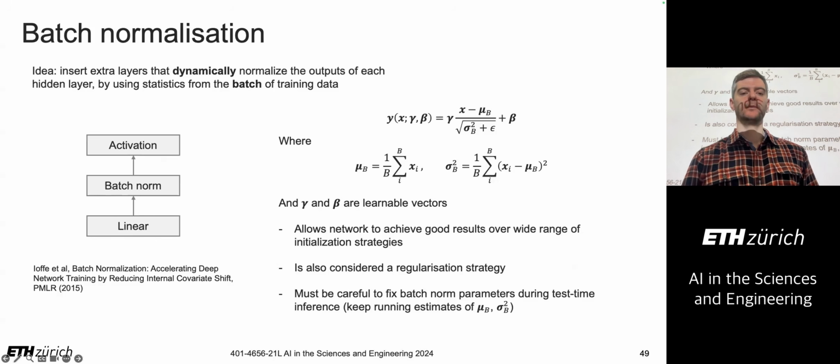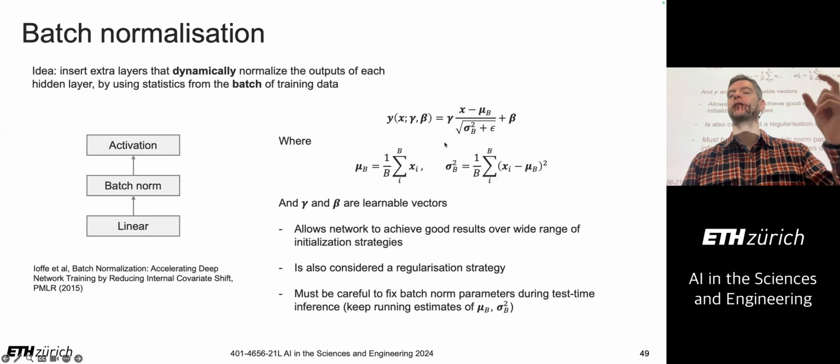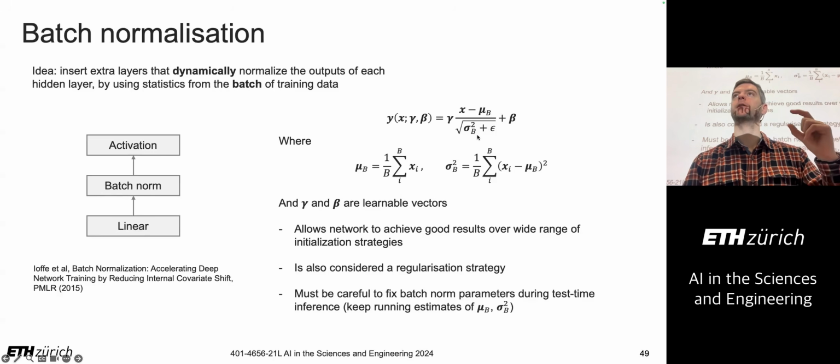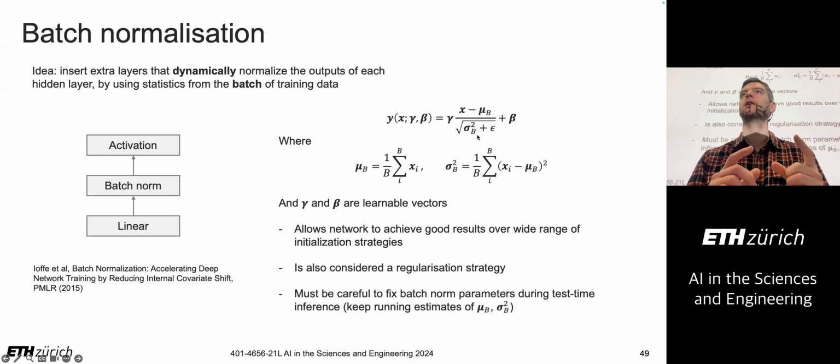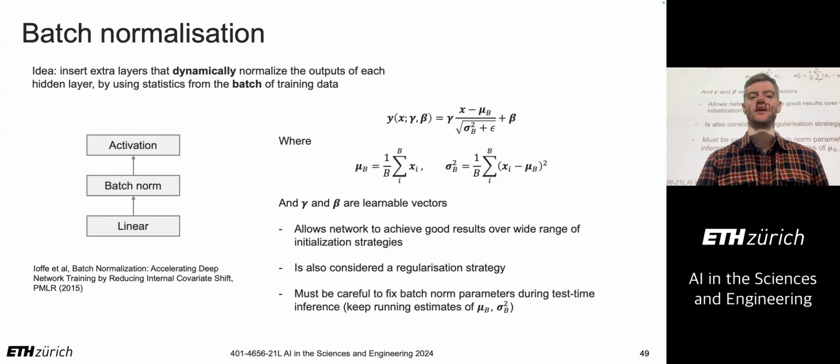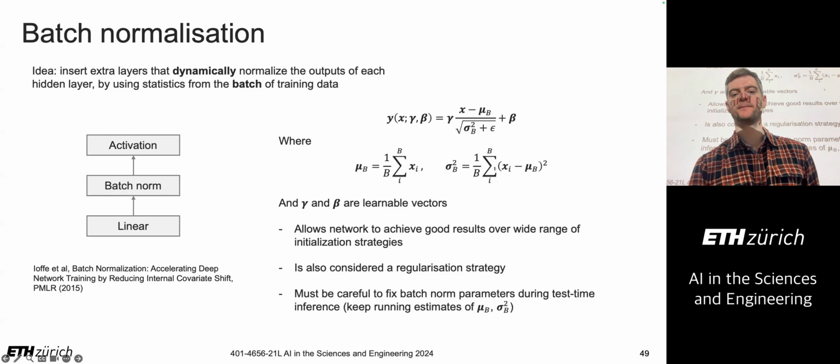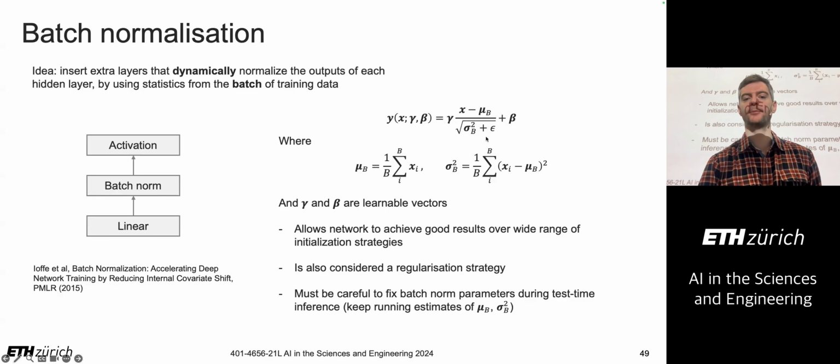So what we say is, in this batch norm layer, we just take statistics of that batch, and then we normalize the outputs of the layer based on those statistics. So we take the mean of the output value across the batch and the standard deviation of the output value across the batch, which are just these two computations here. And then we normalize the output of the layer based on that mean and that standard deviation. So you can see that this object here would be normalized between -1 and 1, approximately.